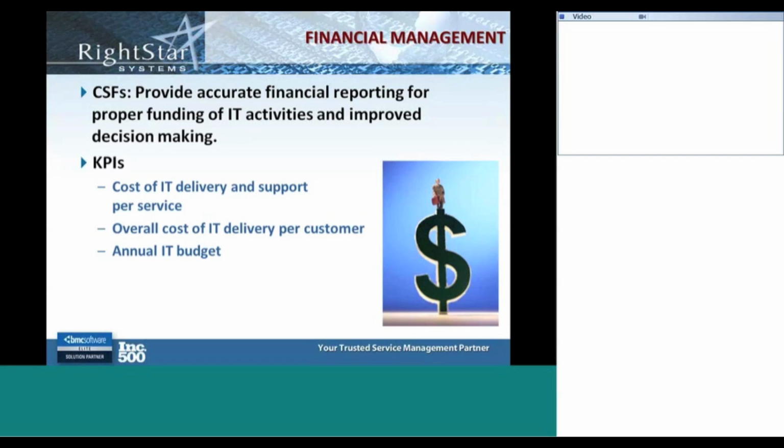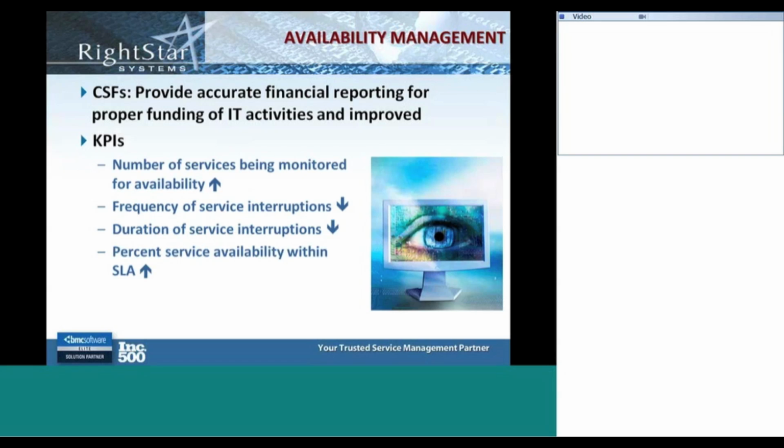For some of our other process areas, for example, availability management. If we are focused on supporting our business services during critical time frames, so again, talking about a retail organization over Black Friday, we need to be measuring things like the number of services that are being monitored, how often are we seeing interruptions of service.